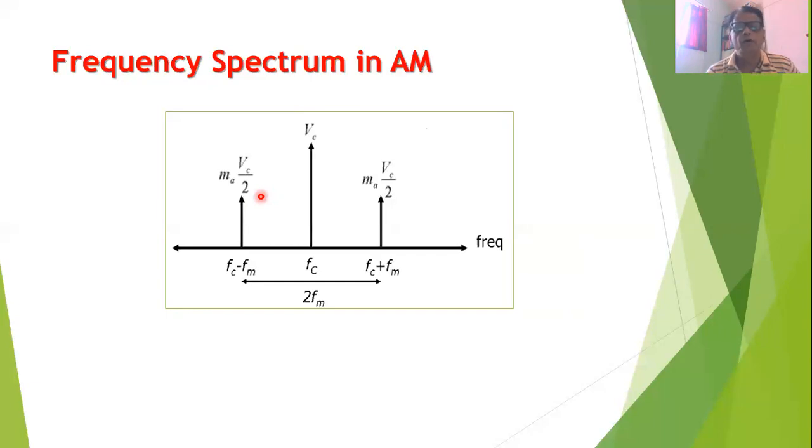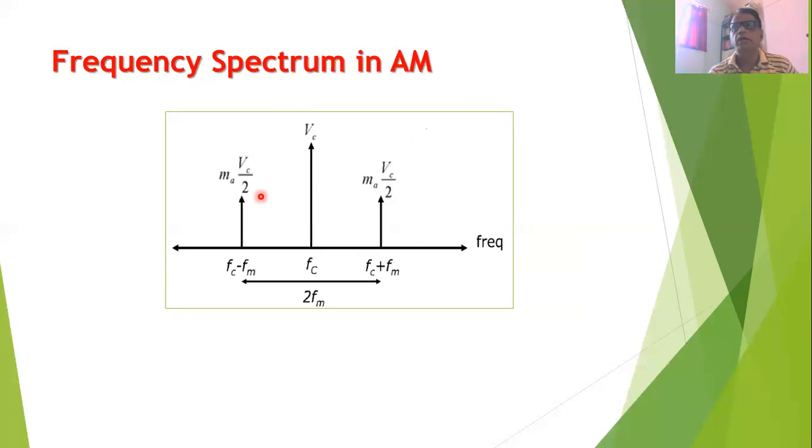The amplitude of both the sidebands is the same, Ma Vc/2, where Ma stands for the modulation index, and the value of the modulation index is always in the range of 0 to 1. So its maximum value is 1.